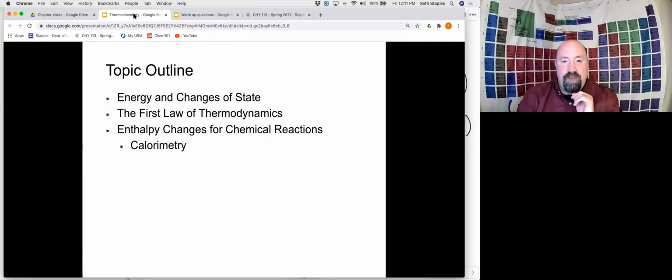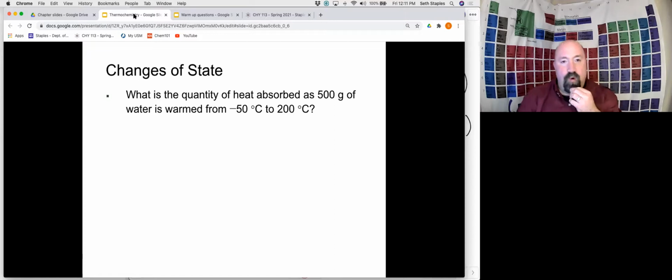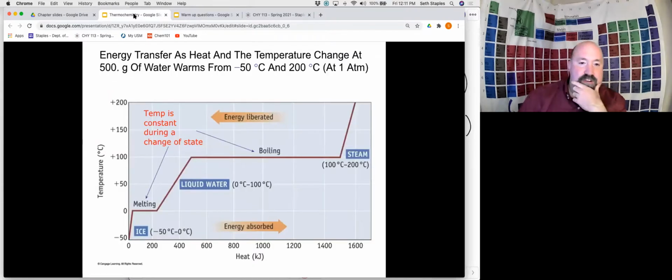And so let's go back and revisit changes of state. And so what we looked at last time was trying to find how much heat is absorbed as a certain sample of, in this case, water, goes from -50 to 200 degrees C. And actually, let's back up and just remind ourselves what we're looking at here with our heat diagram.